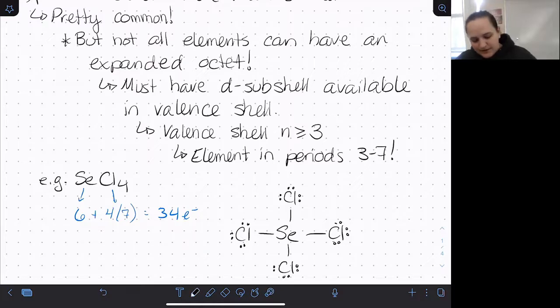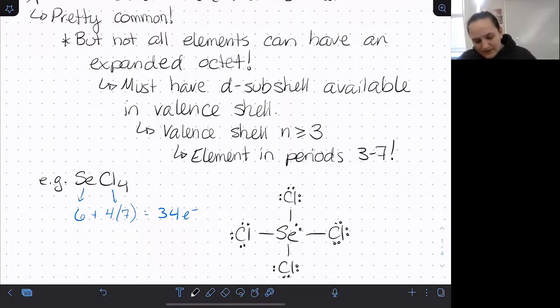Those 2 electrons have no place to go but the central atom. But this feels a little funny when you first do it, because if you look at the selenium atom before we add that lone pair, we already have 2, 4, 6, 8 electrons. It has a filled octet. So when you're first starting out and you're thinking the octet rule is the thing, it feels a little weird to add more.